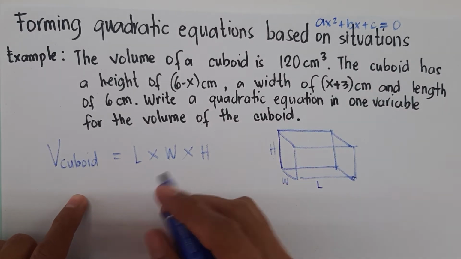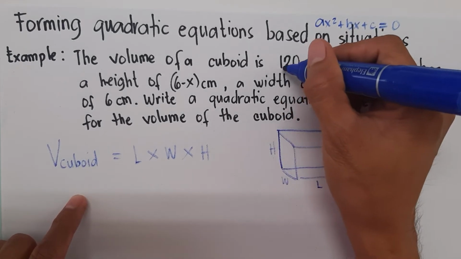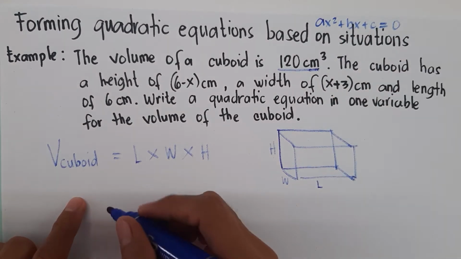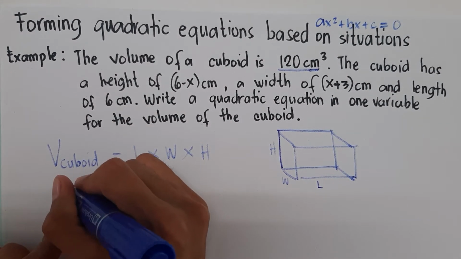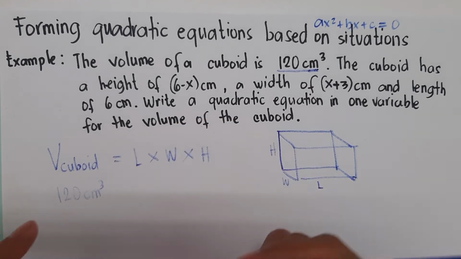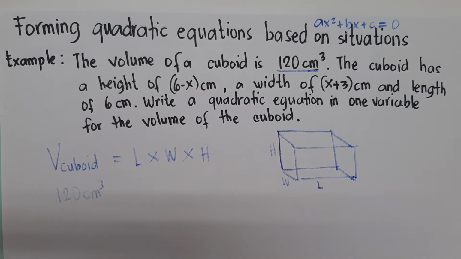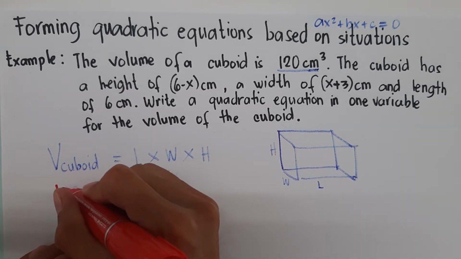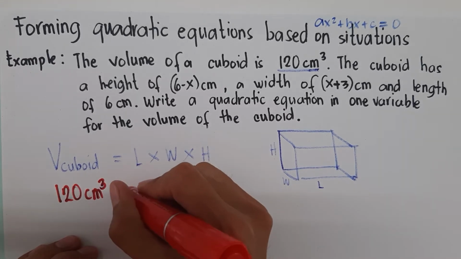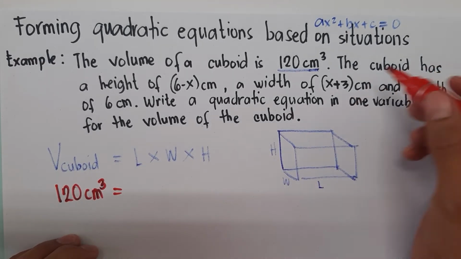And the information that we have is the volume, which is 120 centimeters cubed. Oh, sorry, my marker doesn't work. 120 centimeters cubed. And we have the information about its length.